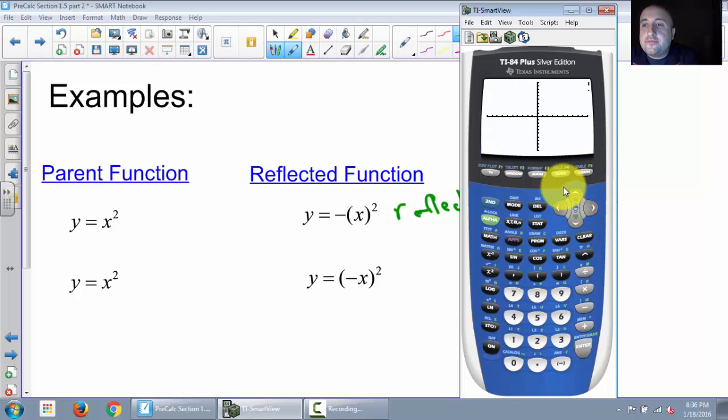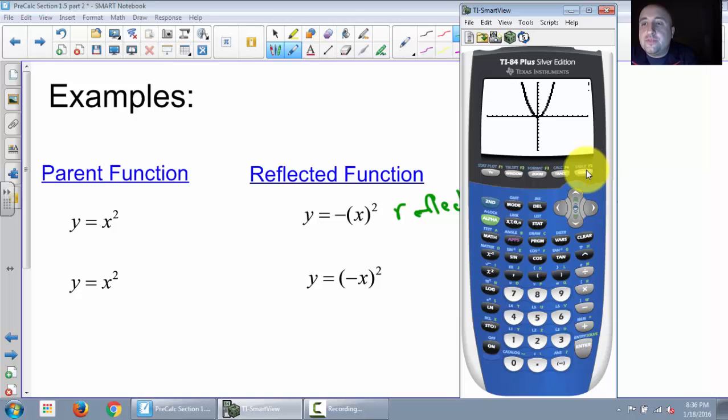So here's our parent, and then notice, I can't see anything. Okay, so because it's reflecting it over the y-axis, the left and the right just flip-flop sides. So I'm going to change this to show you what it looks like. Let's change it to the darker line. Okay. All right, so here is the new graph. So here's the parent, and now look at the reflection.